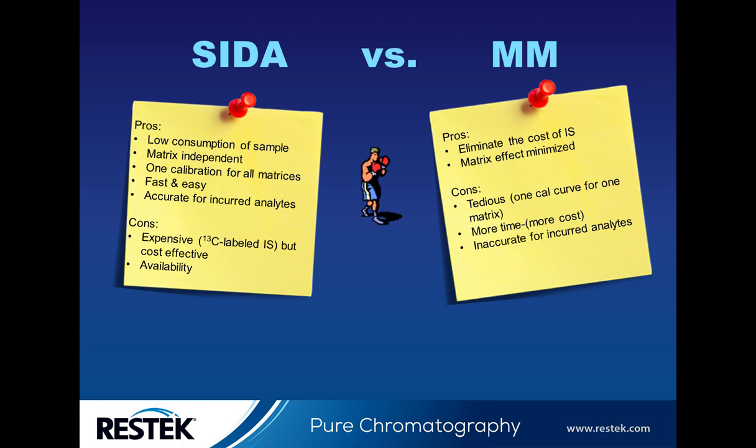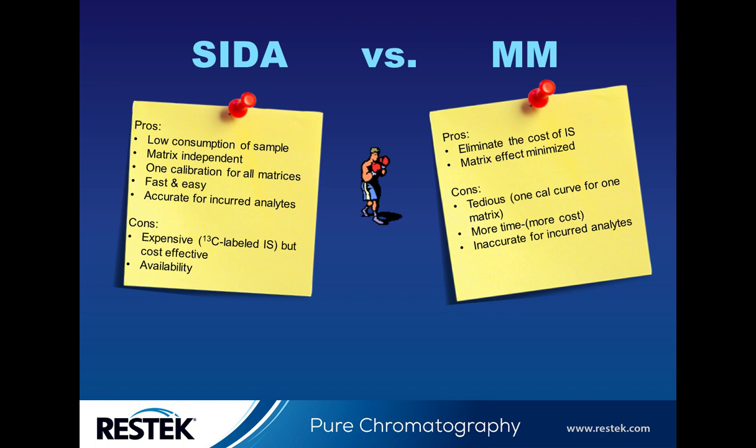And while I'm always not good at making decisions, so SIDA versus matrix match, which method shall I use? This sounds like a very hard question to me, actually. SIDA has a lot of advantages, such as the low consumption of your sample, and it's matrix independent.